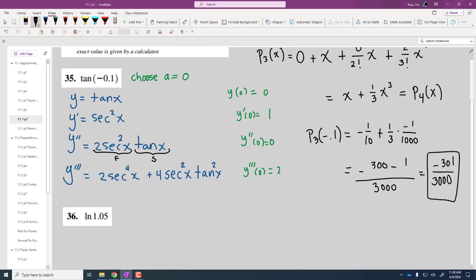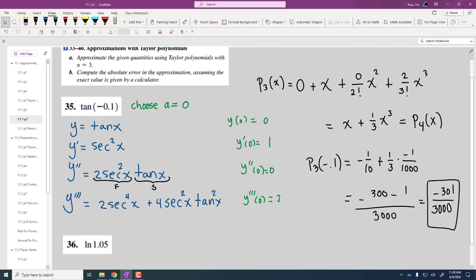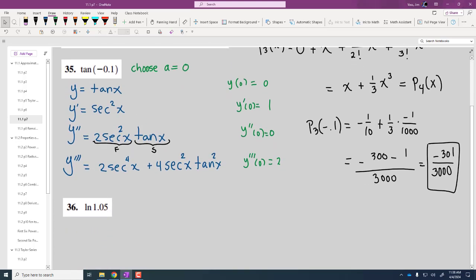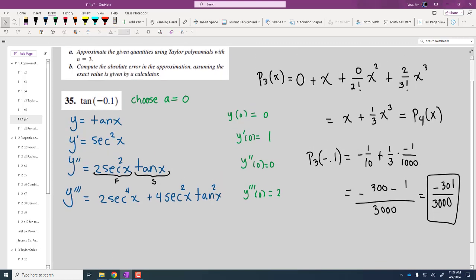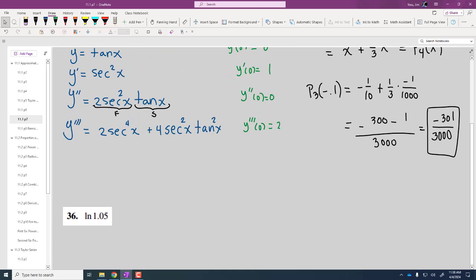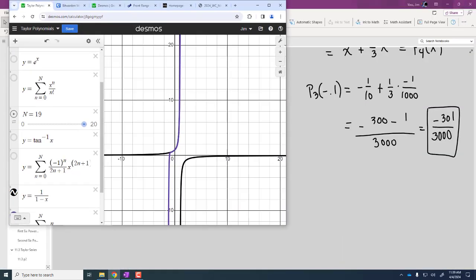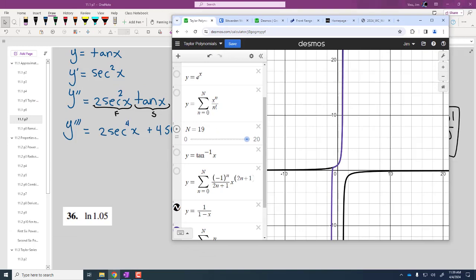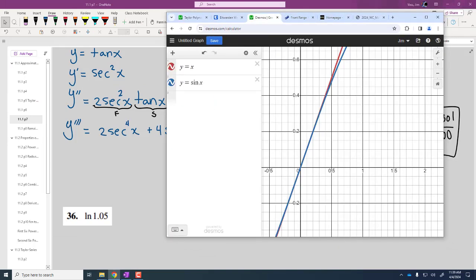And if they told us to use decimals, they would tell us how far to go. But now, they did ask us for absolute error, right? Yeah. So absolute error is always a positive number. Let's come over to Desmos.